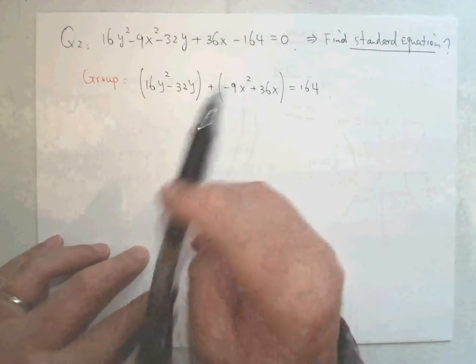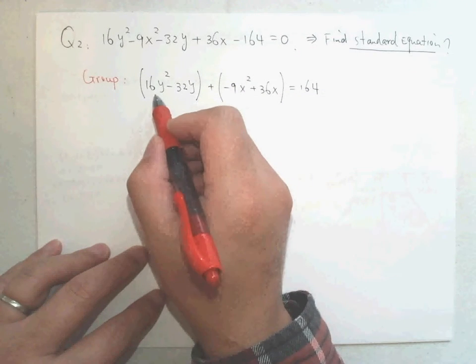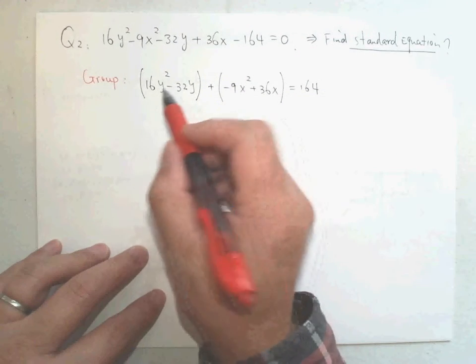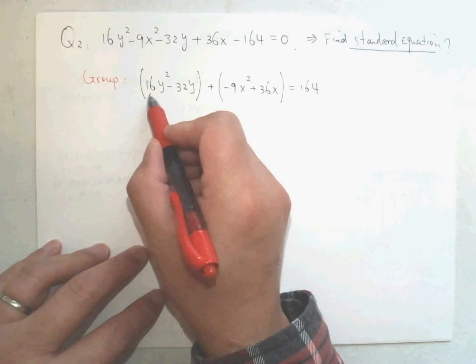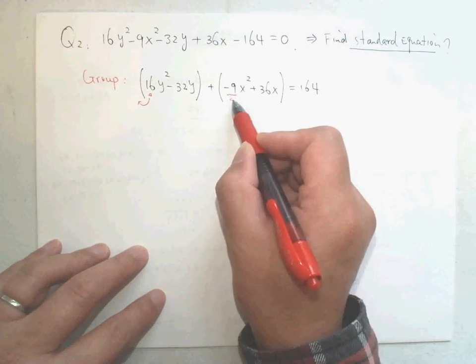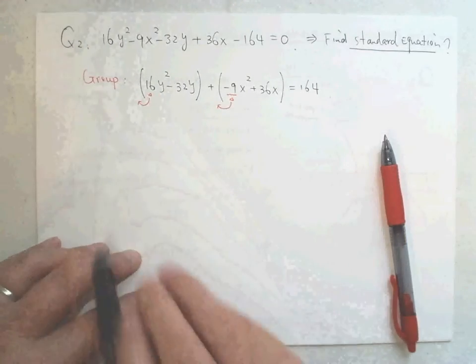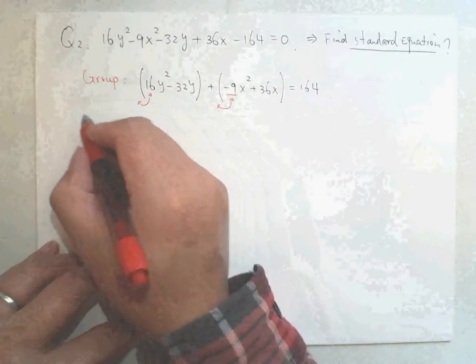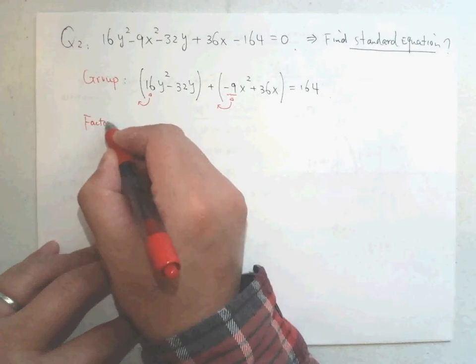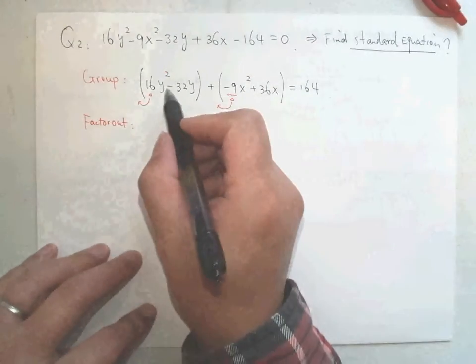The second, you should remember this. It's very similar to the ellipse we did before, how to make a perfect square. We need to factor out this number, negative 9. So the second step is factor out the coefficient of the square term.